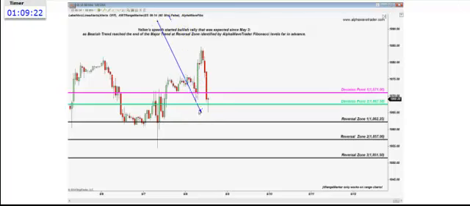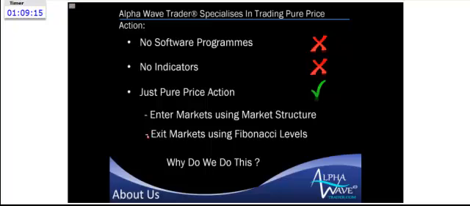And pay attention to where buyers start picking up steam. All you need is pure price to identify these levels. Therefore, each and every trade you take, you're entering based on pure price action only. And then you apply Fibonacci levels that show the essential levels for profit taking, because no trade has any meaning unless you know where to take profits off the table.